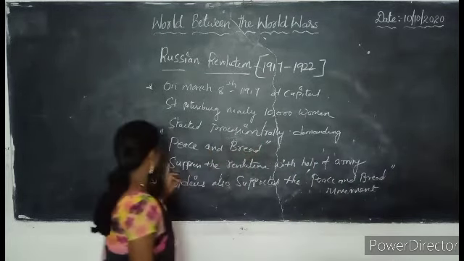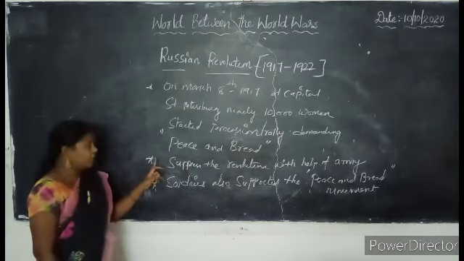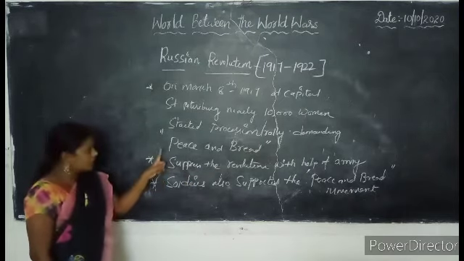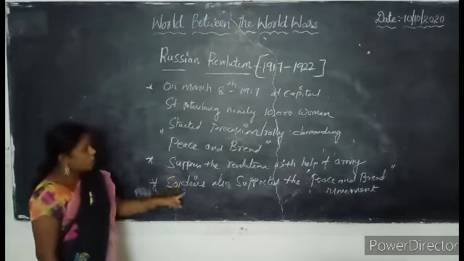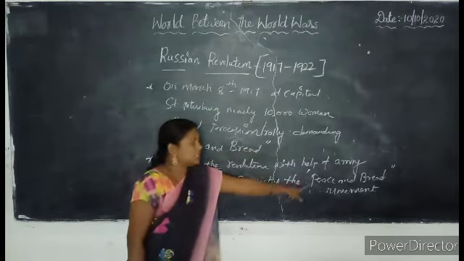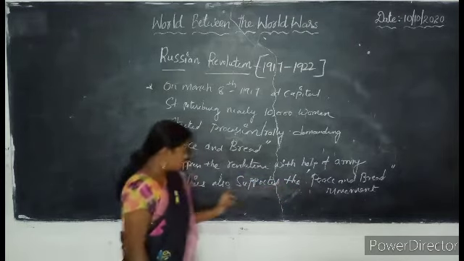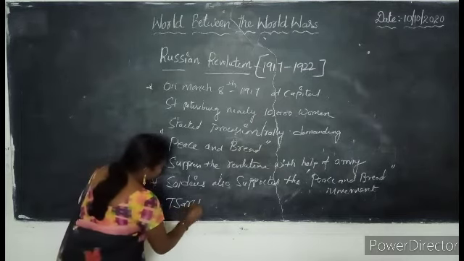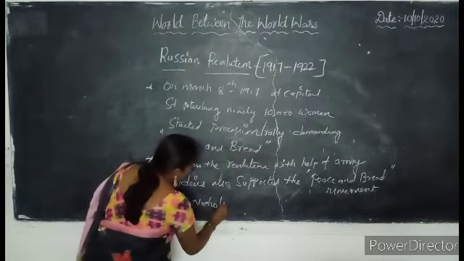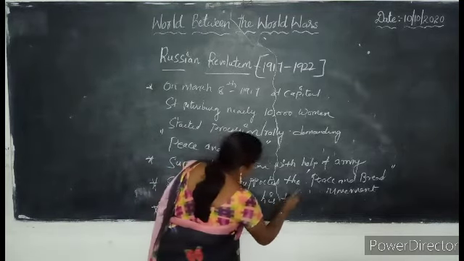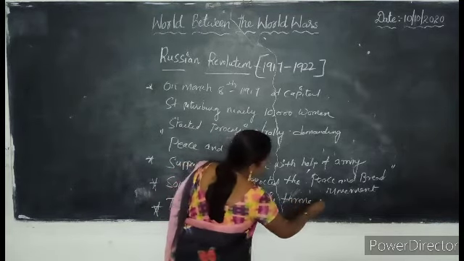Remember, Tsar Nicholas tried to suppress it with the help of the army, but the soldiers in the army also joined and supported the women in the peace and bread movement. So Tsar Nicholas left his throne and disappeared.